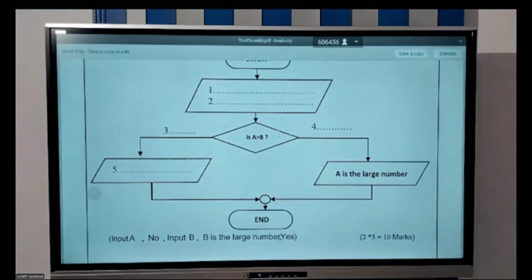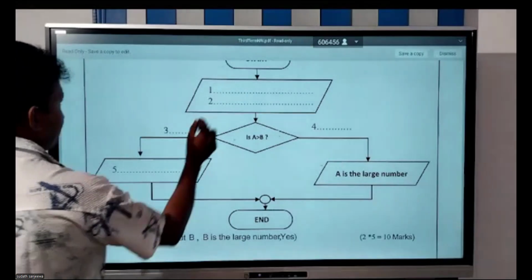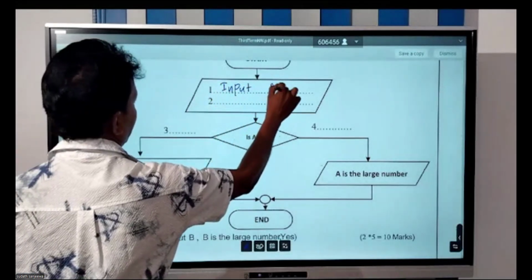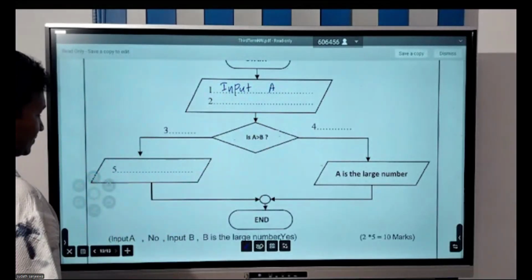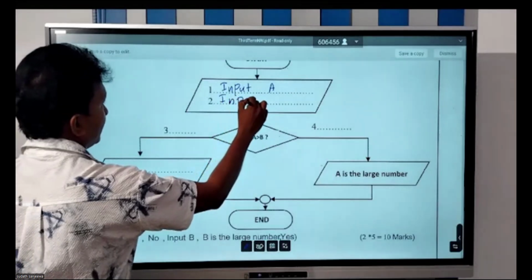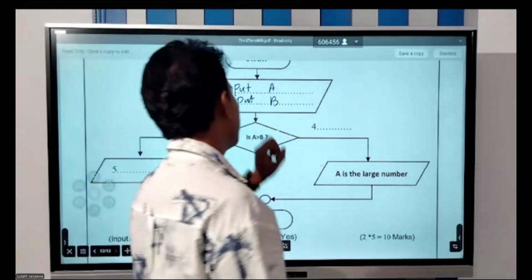What should be first? Input A. Second one, input B. Why? We need to input A and B before finding which is the largest.